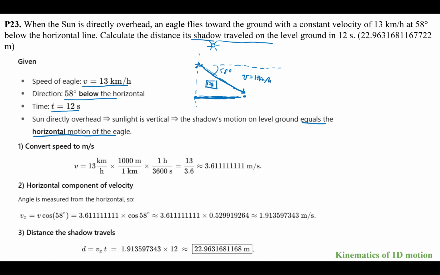This is the key to note: how the natural language distance, its shadow traveling on the level ground, is changed into the horizontal motion of the eagle. That is the hurdle you need to overcome.